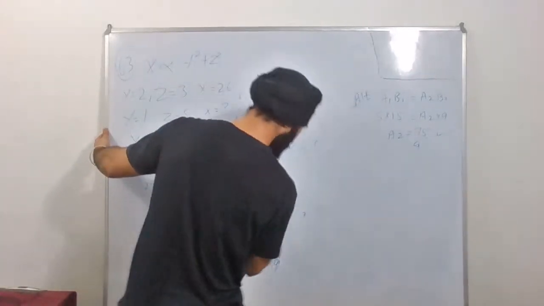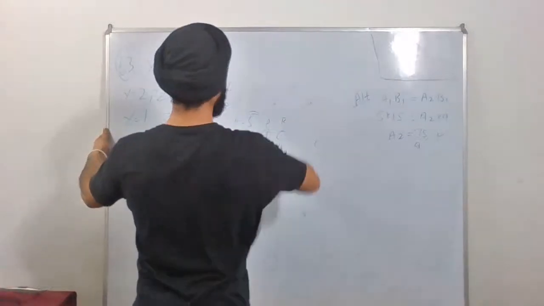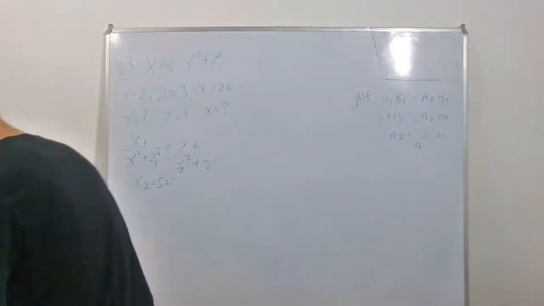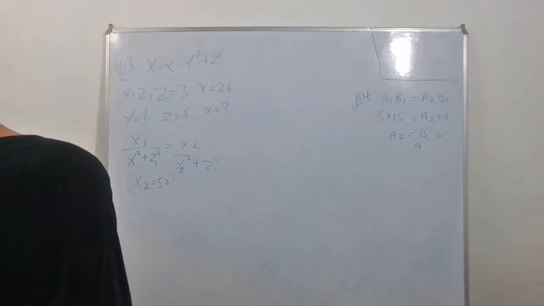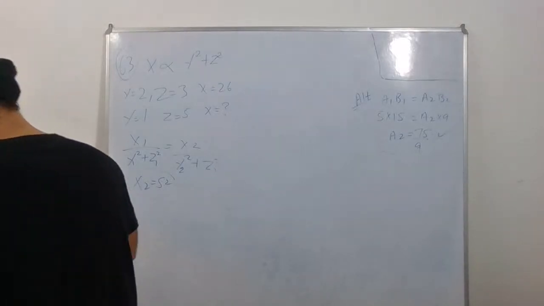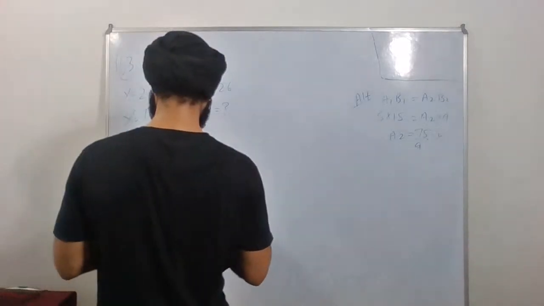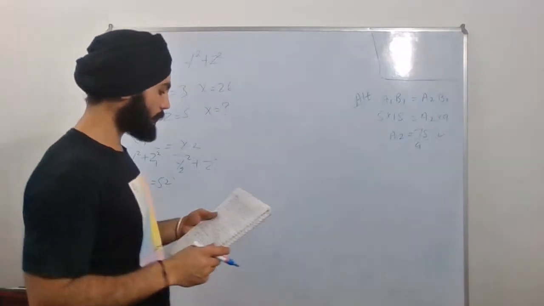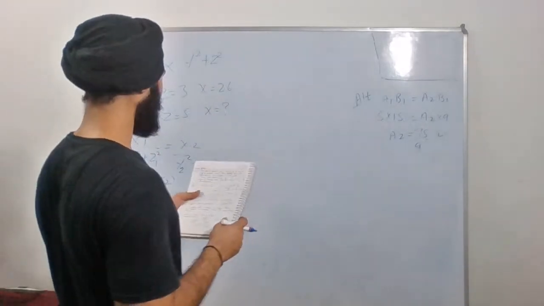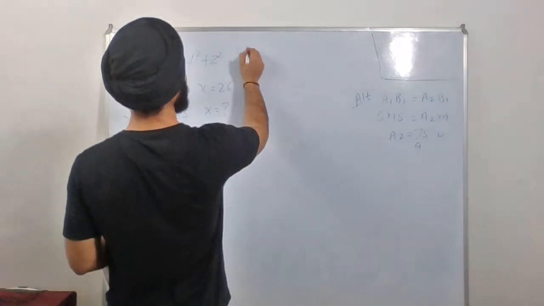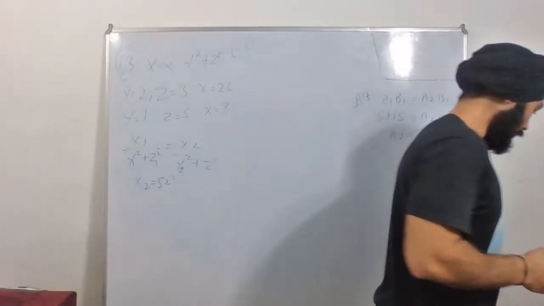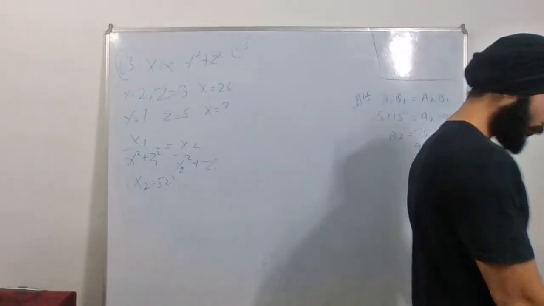नाउ क्वेश्चन नंबर 65, द कॉस्ट ऑफ डायमंड वेरीज डायरेक्टली एज द स्क्वायर ऑफ द वेट। यार ये क्वेश्चन ना मैं कहता हूँ जितने मैंने क्वेश्चन करे उसमें सबसे बेस्ट क्वेश्चन है। दिस इज द वेरी गुड क्वेश्चन.